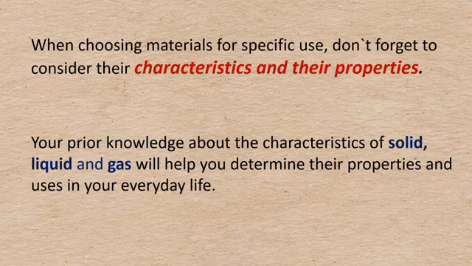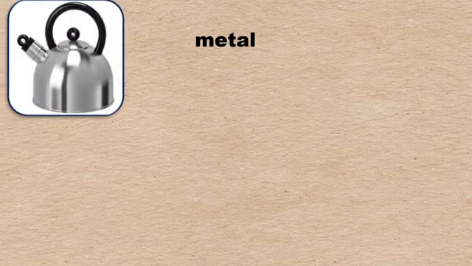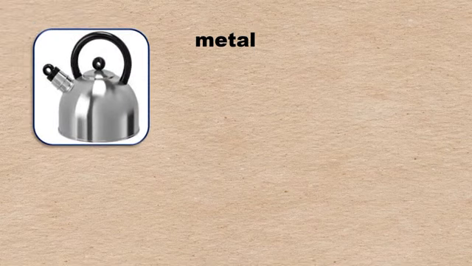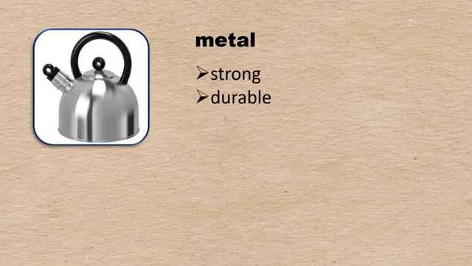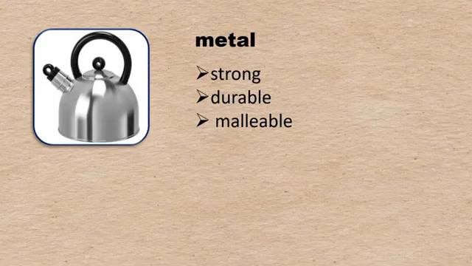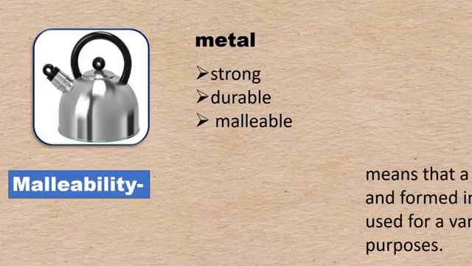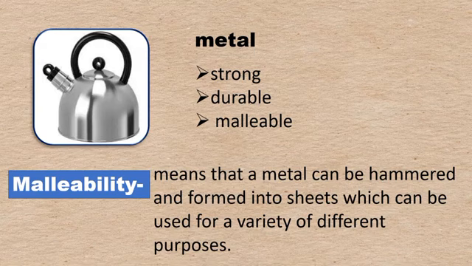You can describe a metal kettle by saying that it is strong and durable. A metal is also malleable. This property, malleability, means that a metal can be hammered and formed into sheets, which can be used for a variety of different purposes.